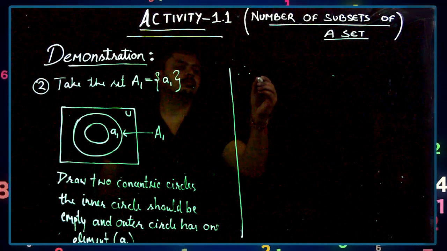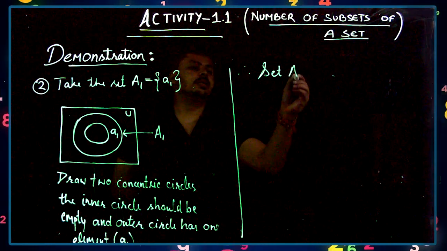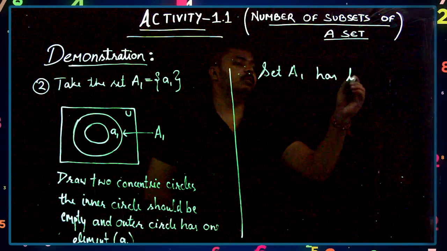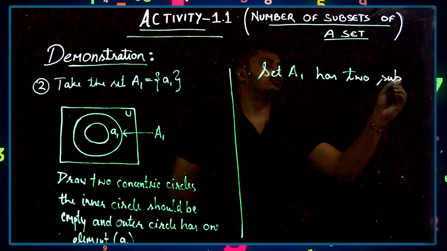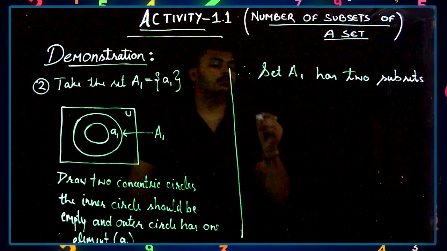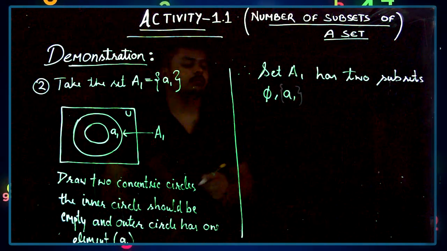Therefore, A1 has two subsets, phi and {a1}.